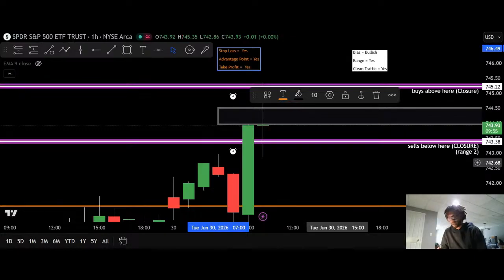We got less than 10 minutes for this candle to close. Yeah, flip bullish.